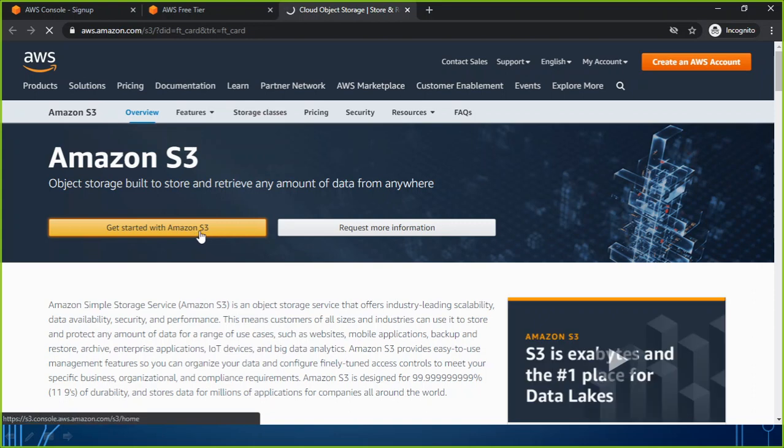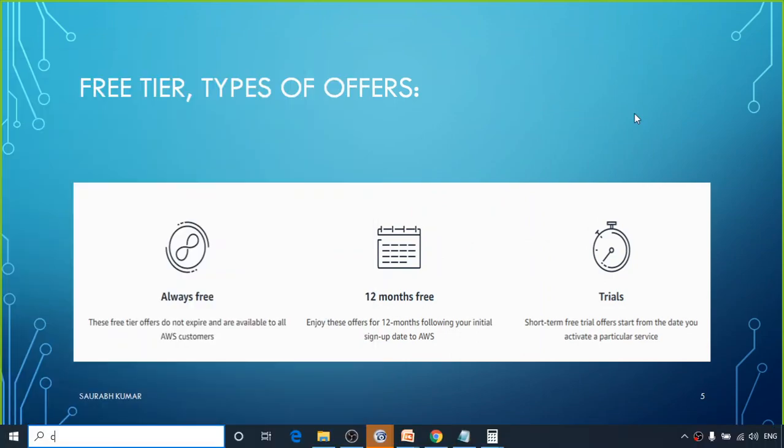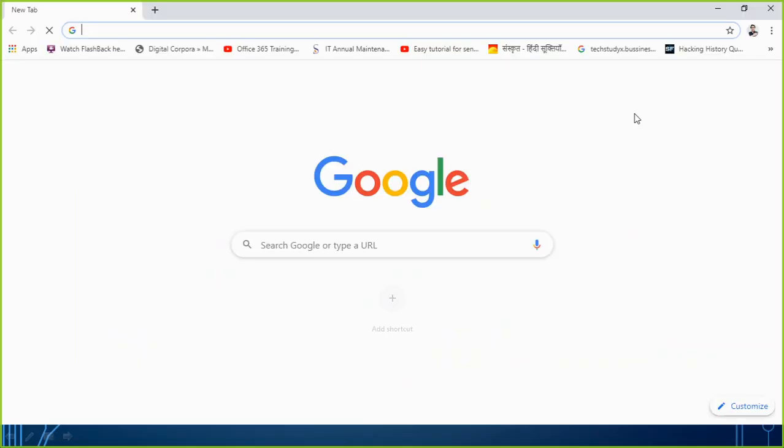It is going to ask me to log in with my user account, and then I will be able to create the kind of bucket which is similar to a blob in Azure, or similar to a folder in your computer. So here you see it is going to the portal where I have to sign in. Without signing in I will not be able to use those services. So let me go to my browser where I have already signed in.